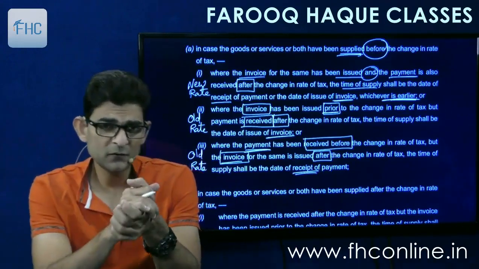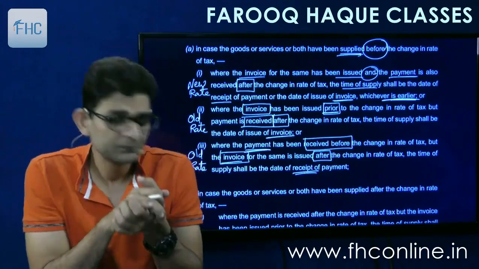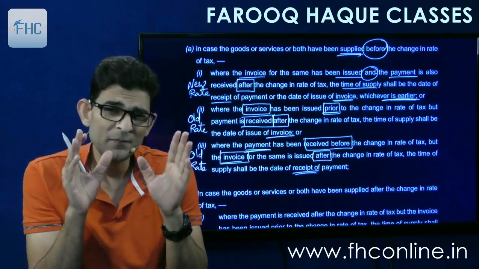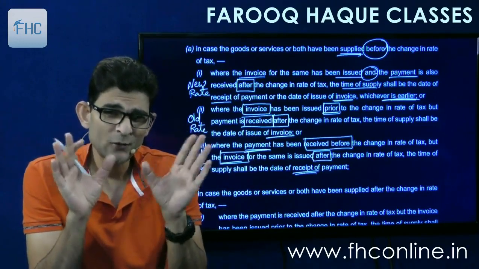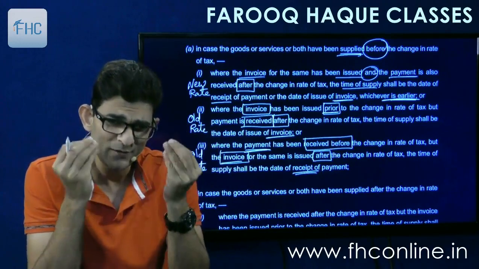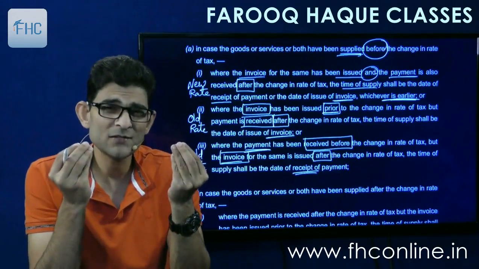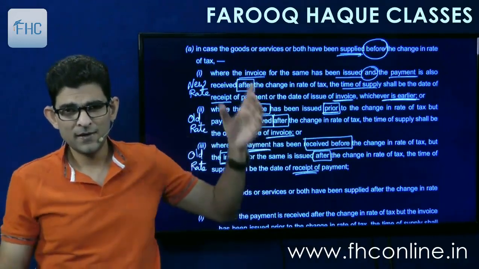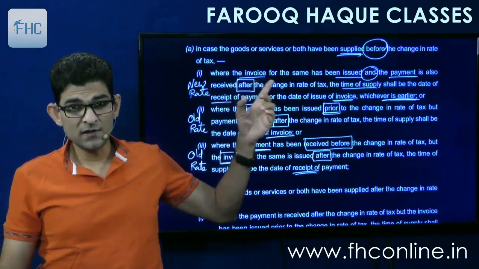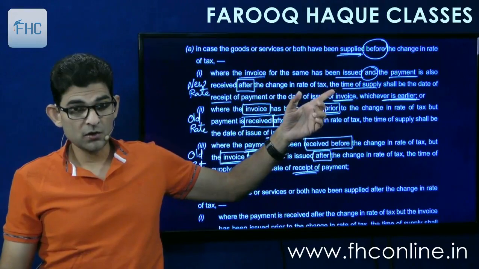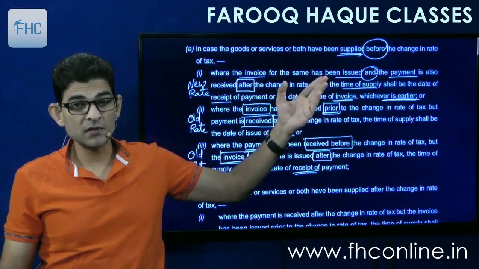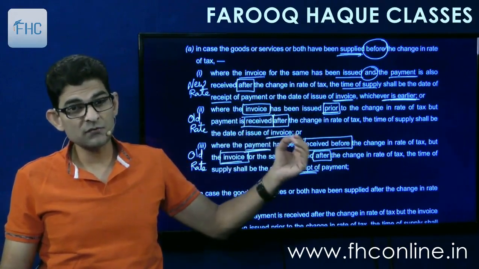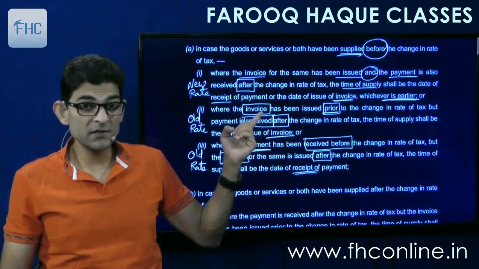Now, with due respect to the government which has made this law, we have read the 3 points. If you apply some primary logic, I can say common sense, just common sense is enough. No difficult logic. Here they have said invoice or receipt, both are afterwards, so take whichever is earlier. Here they have said invoice is before and receipt is afterwards, so take invoice, whichever is earlier.